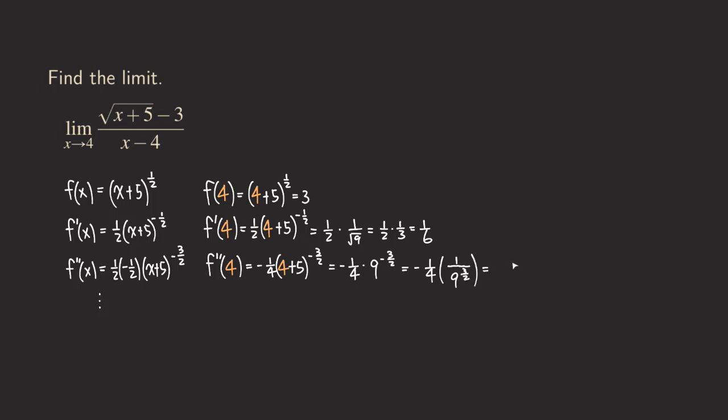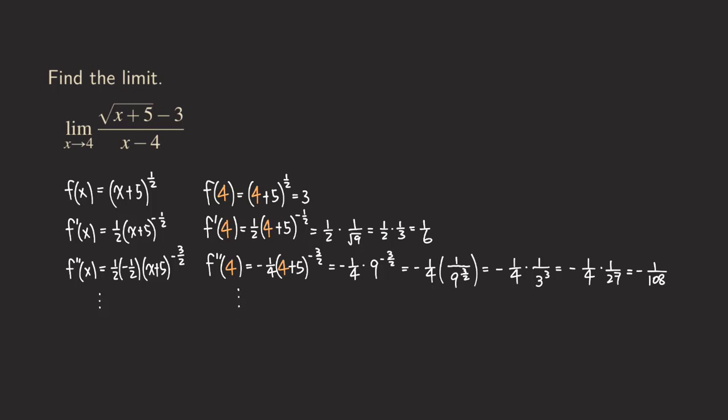You can see that in the denominator of the exponent, that's a 2, so we take the square root of the 9, so we get 3. So we actually get 1/3 to the third power. So we have negative 1/4 times 1/27, so we are going to get negative 1/108. Okay, so again, we can actually continue with more terms here, but we actually don't need that.